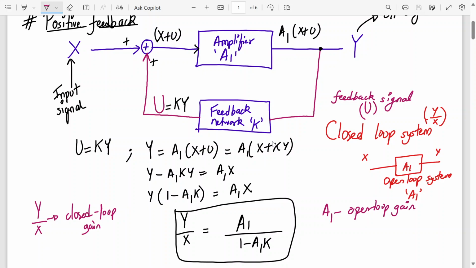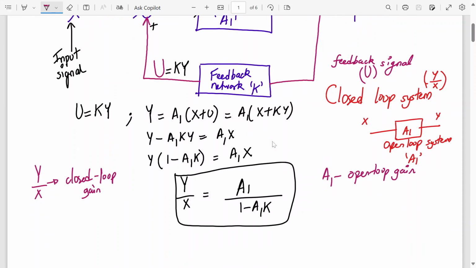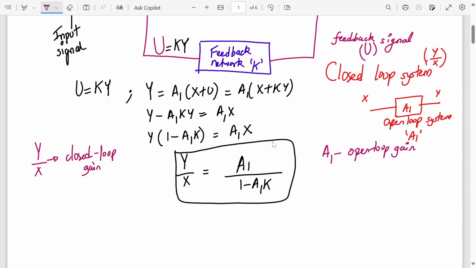Okay? Now, what can you say? Is Y upon X greater than A1 or less than A1? Tell me. Anyone? So let's take an example. Let's say the gain is 100 and the factor K is 1 by 10. Okay? So now we'll do 100 divided by (1 minus 100 divided by 10).